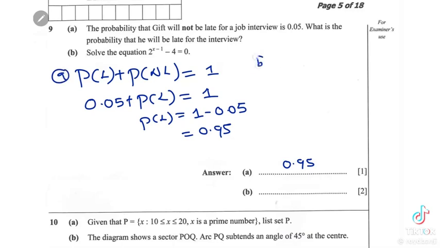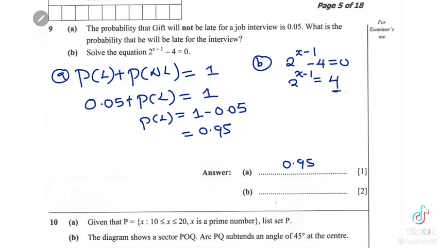Now for B, solve the equation 2^(x-1) minus 4 is equal to 0. Solving such an equation, normally you need to express the same bases. So you take this one to the other side. So you're going to have 2^(x-1) is equal to 4.